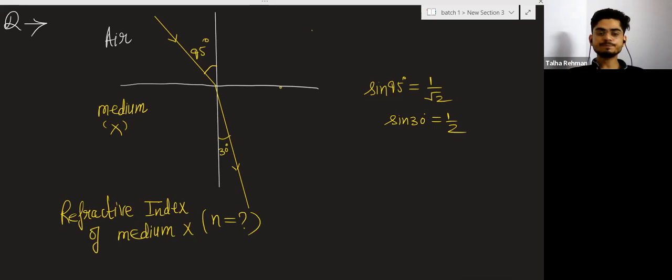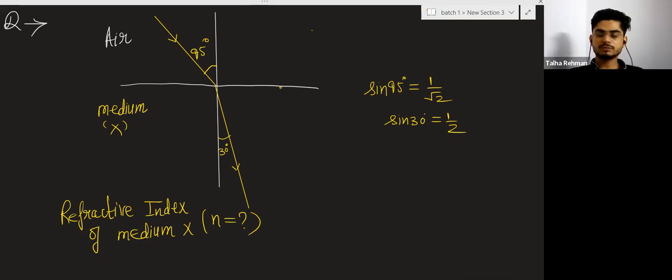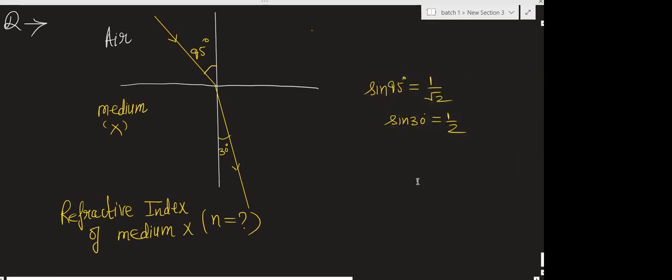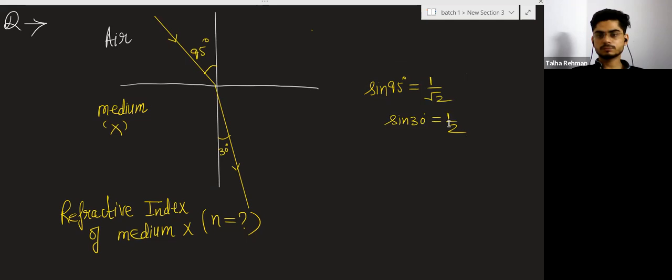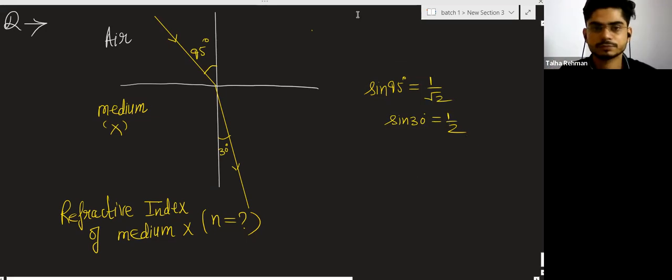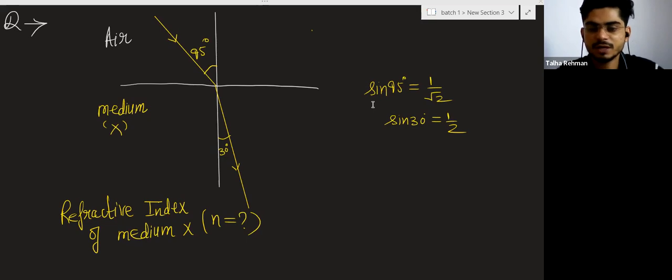Sir, root 2. Okay. And Hamna and Arshia, you should also try. Yes, sir. Okay. Hamna, are you trying?